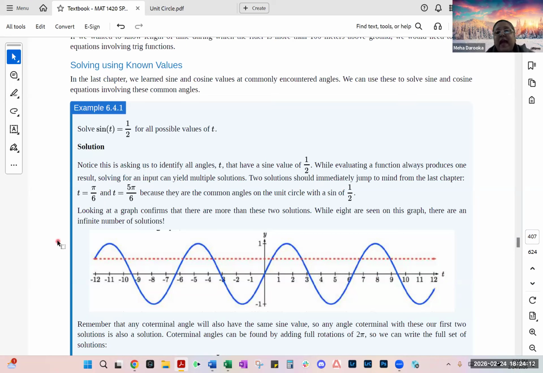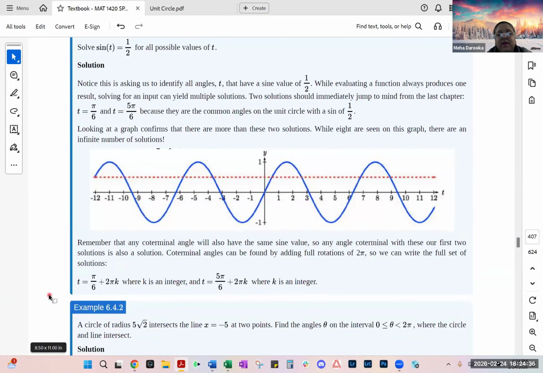So you will actually have infinite number of solutions for the value t or the angle t, where sine is going to have a value of 1/2, because we know this graph of the sine function just keeps going, right? Because remember, sine by itself has a domain of negative to positive infinity. So it's just going to keep giving you multiple different values.